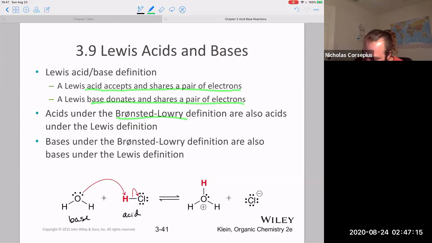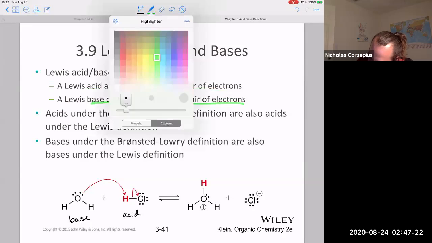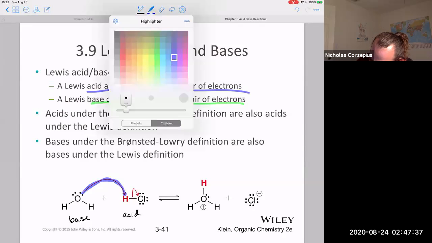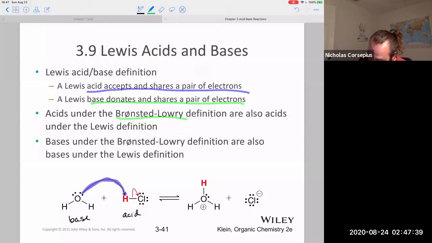So according to the Lewis definition, an acid should accept a pair of electrons. So here is our acid, and it is indeed accepting a pair of electrons from that base. Likewise, a base is a molecule that donates or shares a pair of electrons. That's exactly what's happening here, right? So it's kind of like just a different way of thinking about this.